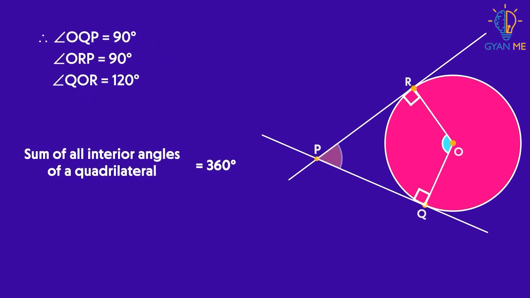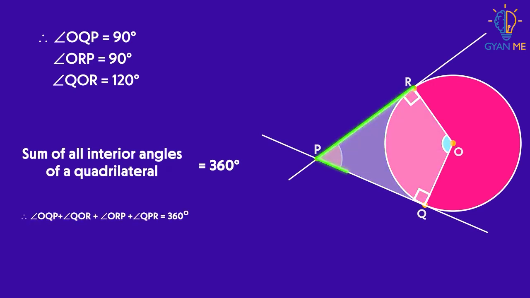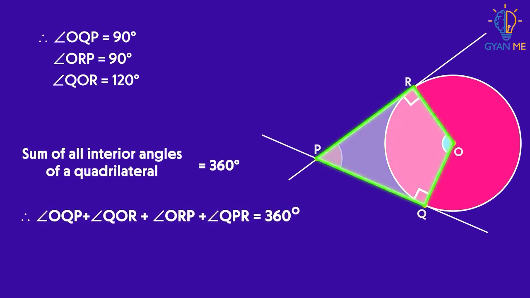We know that the sum of all interior angles of a quadrilateral equals 360 degrees. Therefore, for quadrilateral PQOR, we can say angle OQP plus angle QOR plus angle ORP plus angle QPR is equal to 360 degrees.